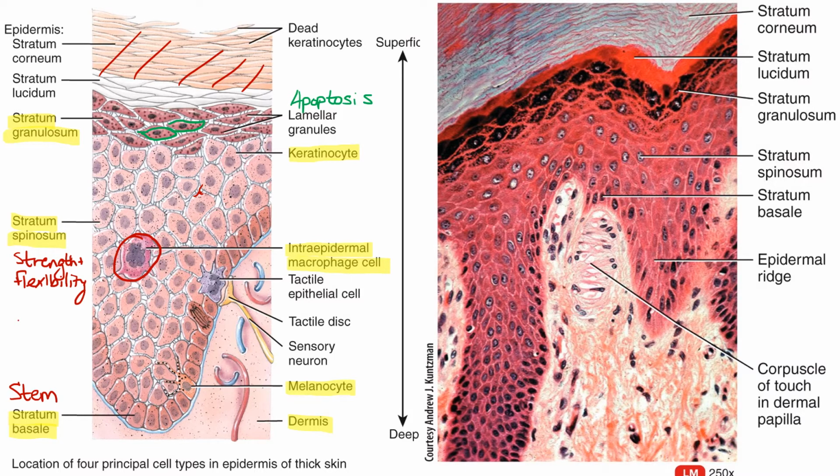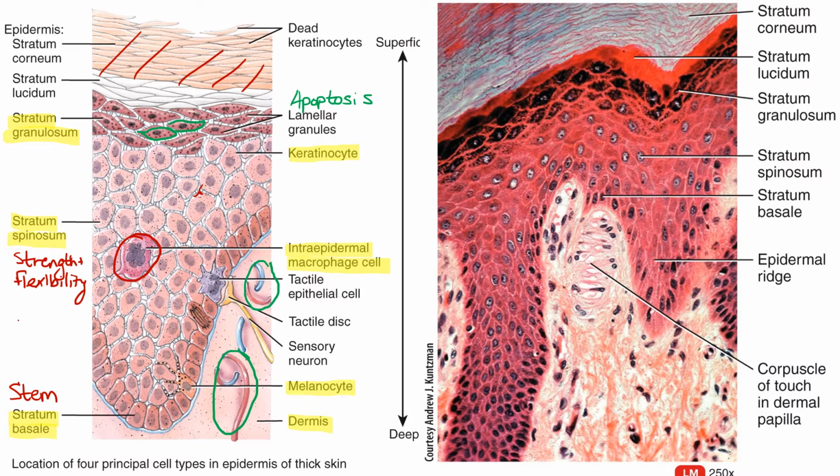In this layer, the organelles are starting to degrade as they move further from the source of nutrients. Remember, we have these nutrients down here coming from the blood vessels in the dermis. But because we don't have any blood vessels in the epidermis, as you get further away from the dermis, we lose connection with those nutrients and it gets harder and harder to survive.